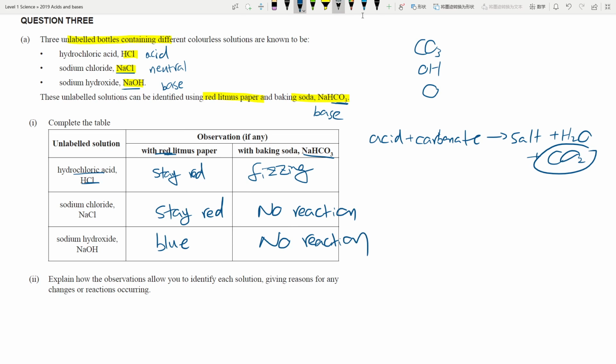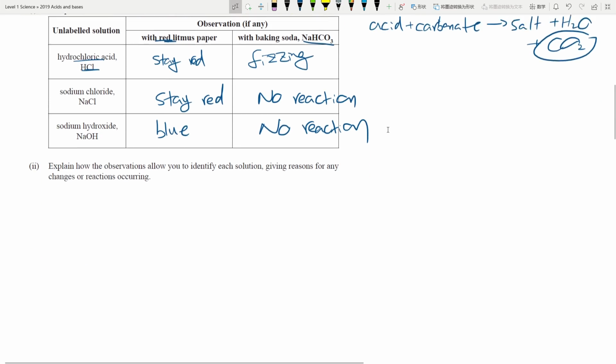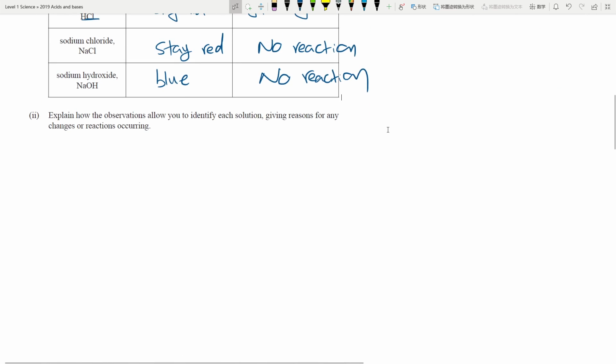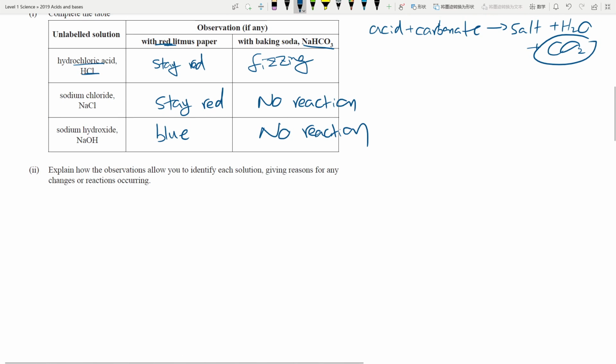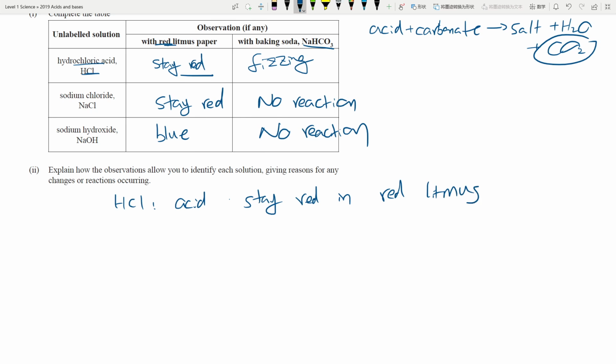Explain how the observations allow you to identify each solution, giving reasons for any changes. So you just need to explain that HCl is an acid, and acid stays red in red litmus, and then you can talk about the reaction producing carbon dioxide when it's put with a carbonate.